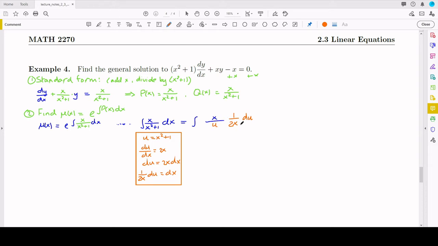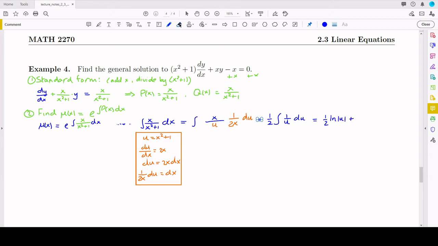And so now my x's cancel, and my integral looks as follows. It's 1/2 antiderivative of 1 over u du, and that is 1/2 times ln of u plus c.